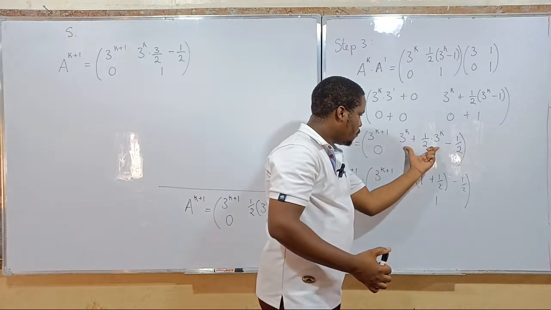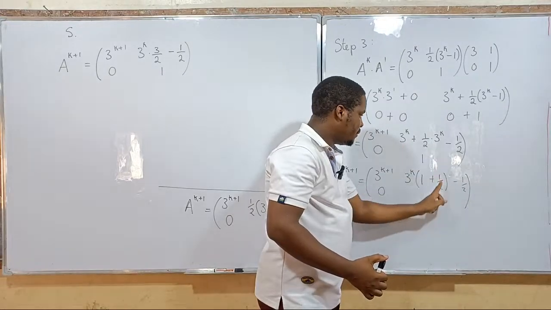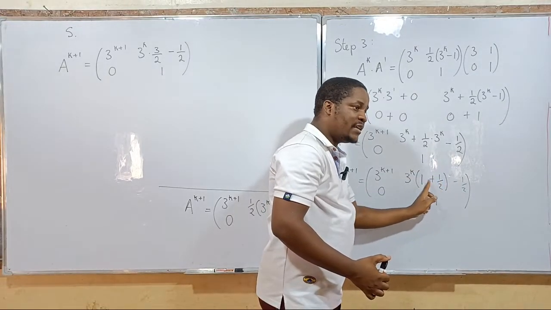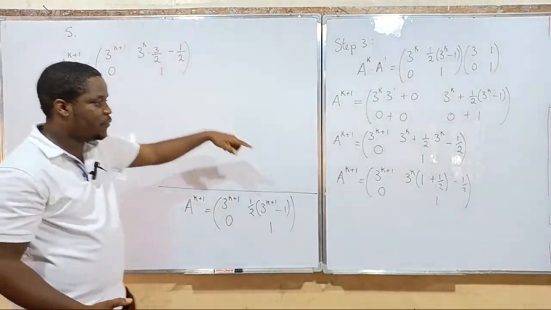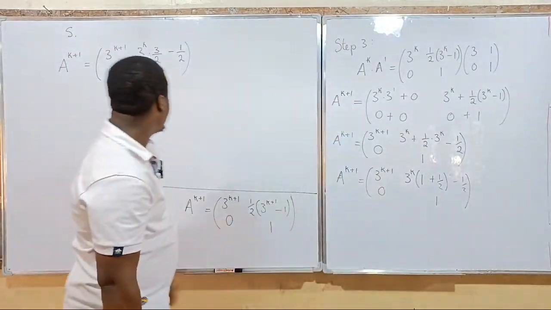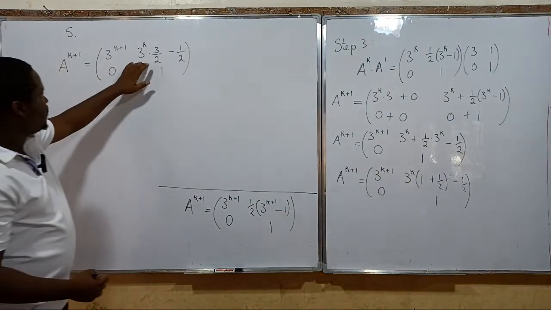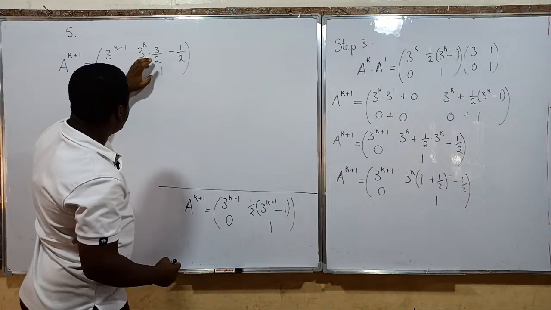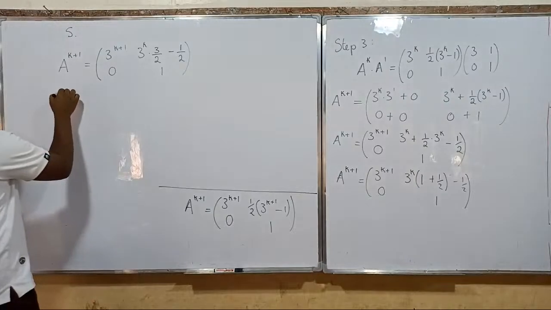Factor out 3 to the k, which is common. You remove 3 to the k here, what remains? 1. Remove 3 to the k, what remains? Half. 1 plus half is 3 over 2, minus the half that we still have, which is that guy. Now, this part that you see here, we can factor out a half because of these two, like this.